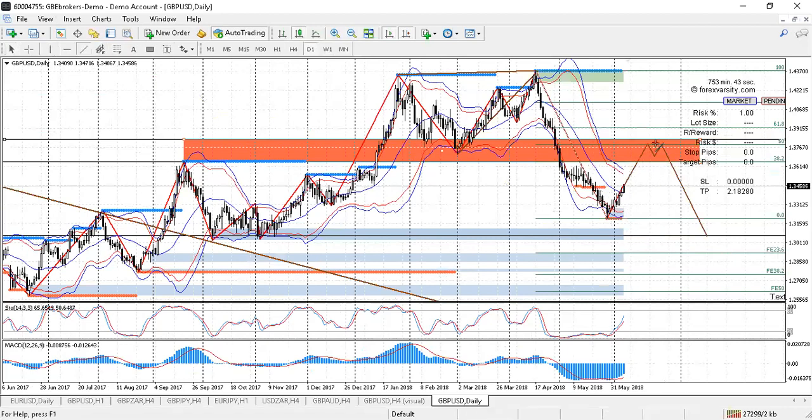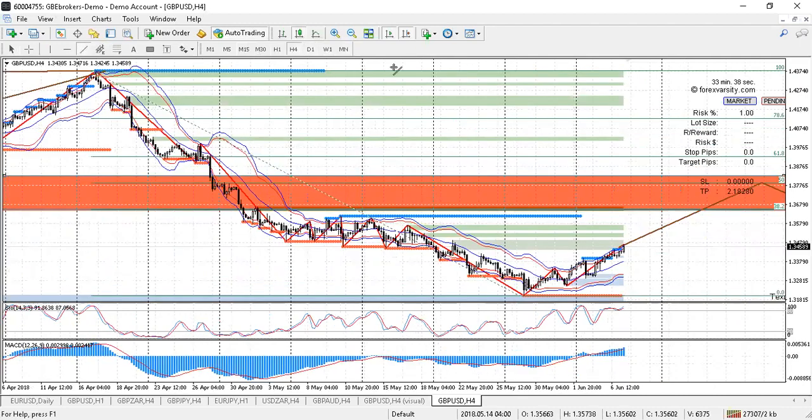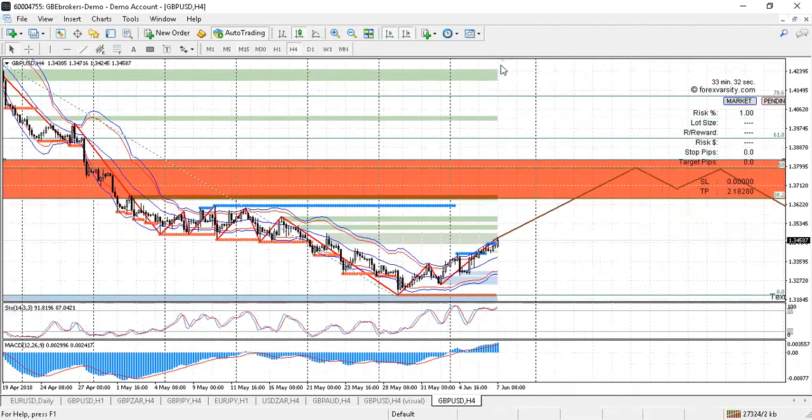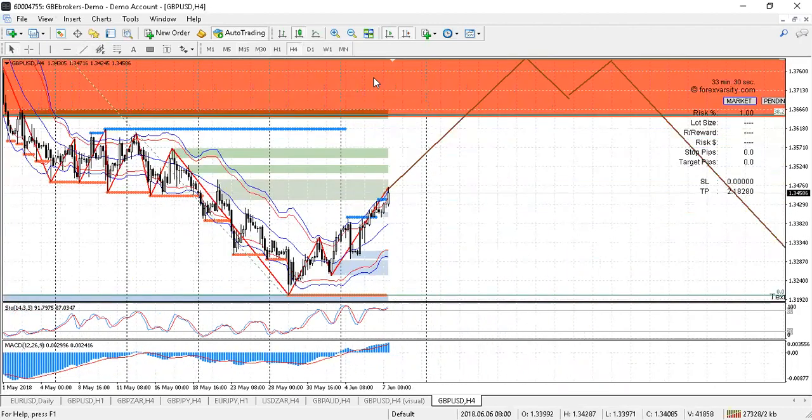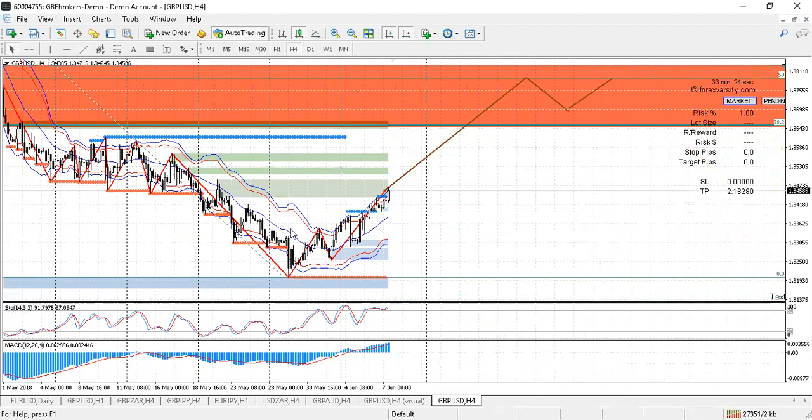Once it gets to your daily sell zone, go to the 4-hourly now. So on the 4-hourly, it might look like this. You might get a double tops that you could potentially trade down as a first indication.